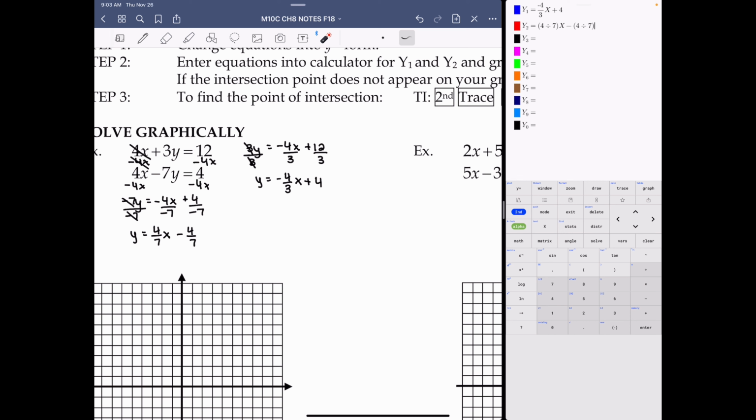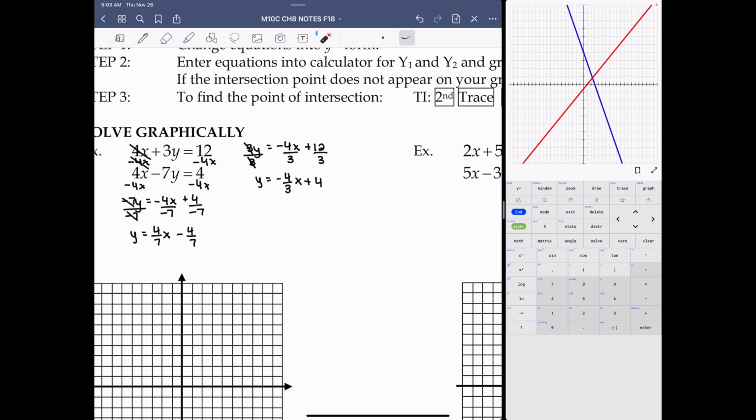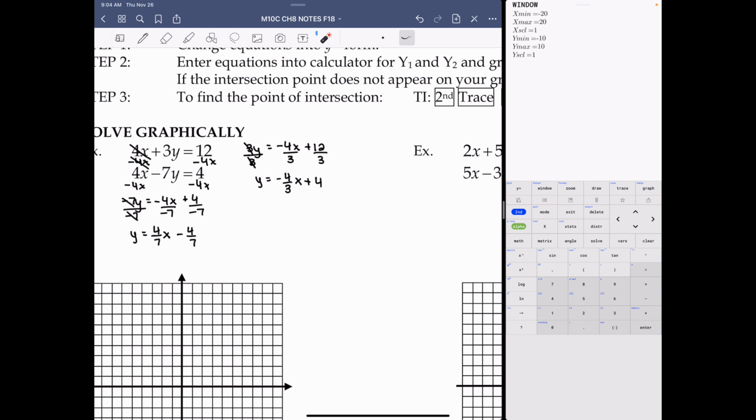Okay, so once we have those entered, we can hit graph. And I should be able to see my intersection point. If you can't, you want to change your window, right? So for TIs, you hit the window button and you can change it to whatever you want using X min and X max, Y min and Y max. So X is left to right, Y is bottom to top.